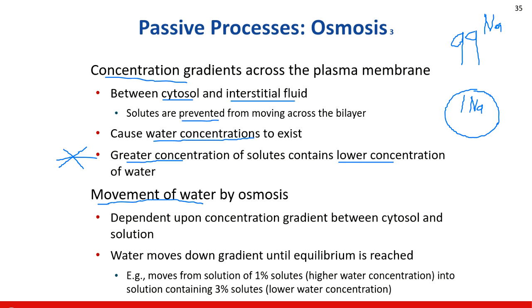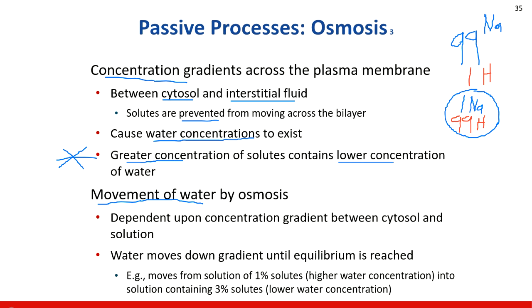So what that means now is, when we're talking about the solute concentration and the concentration of water, I'm going to have 99 molecules of water. I'm just going to put H here, for H2O. 99 molecules of water on the inside and 1 molecule of water on the outside. Again, this is just for our example here.